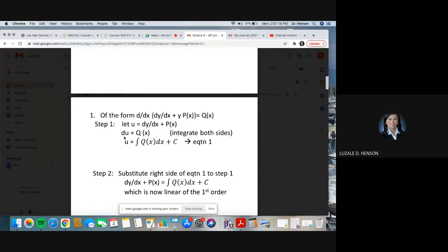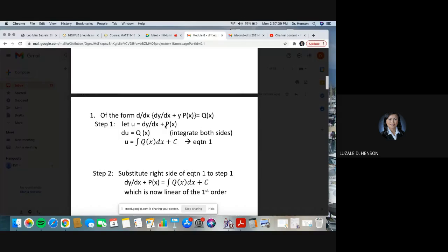And you integrate both sides. So the integral of du is u, and the integral of this is the integral of q of x dx plus c, or c sub 1. Let this be equation 1. Step 2 is you're going to equate the right side of equation 1, which is this one, with what is on the right side of step 1.